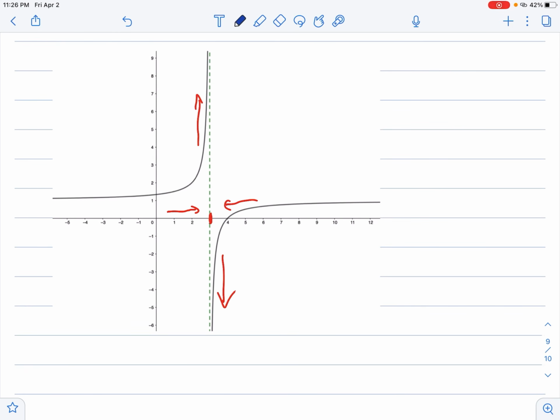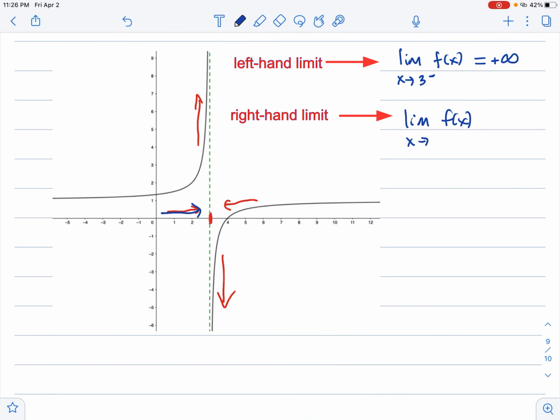So actually from the graph, it shows that the limit of f of x, ilagay ko na f of x para hindi na tayo magsulat ng maraming letters and variables, as x approaches 3 from the left, so pagaling dito, the limit is actually positive infinity. And the limit of f of x as x approaches 3 from the right is actually equal to negative infinity.